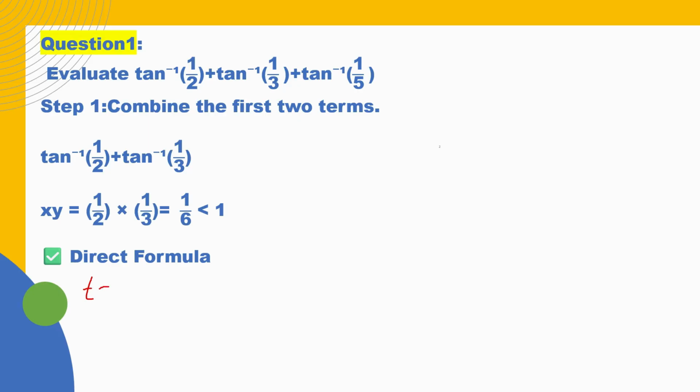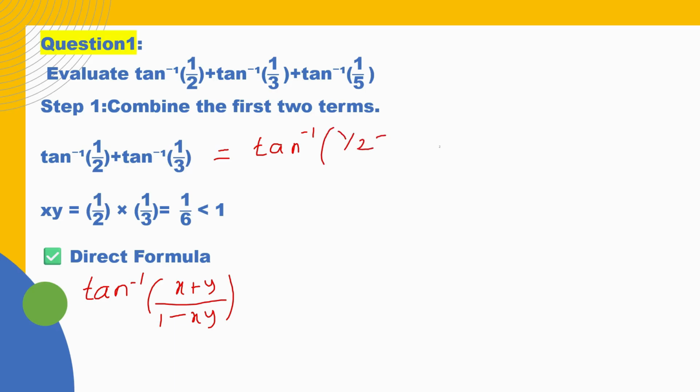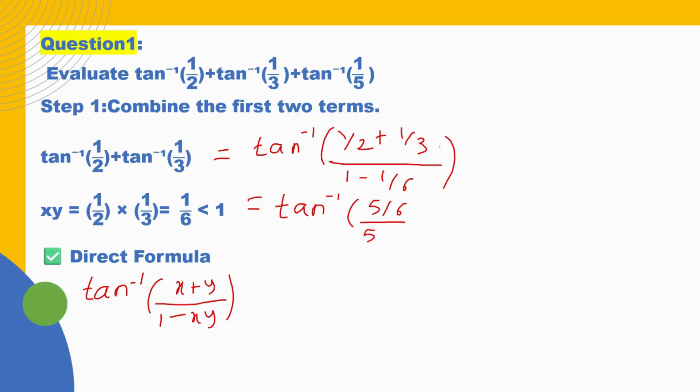Tan inverse of x plus y upon 1 minus xy. Let's apply the same formula here. So we have tan inverse of 1/2 plus 1/3 upon 1 minus the product of 1/2 and 1/3, which is 1/6, and further simplifying inside the bracket we get tan inverse of 5/6 upon 5/6.